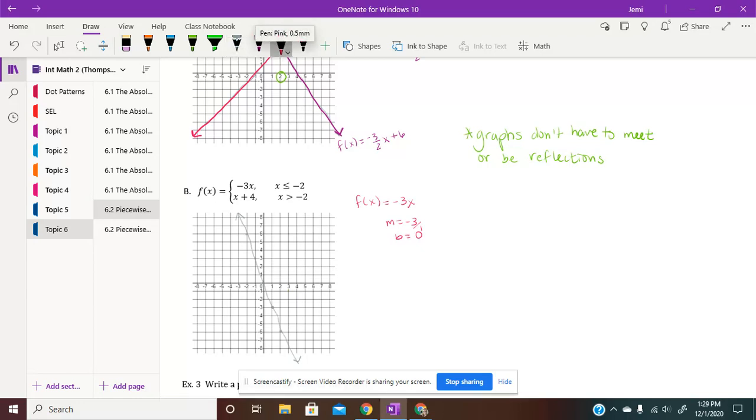Now that graph only exists when x is less than negative 2. So I'm going to go to negative 2. X is less than or equal to, so I'm going to have a solid dot here, less than or equal to. And the rest of it is really just my scratch work. It's not part of the answer.